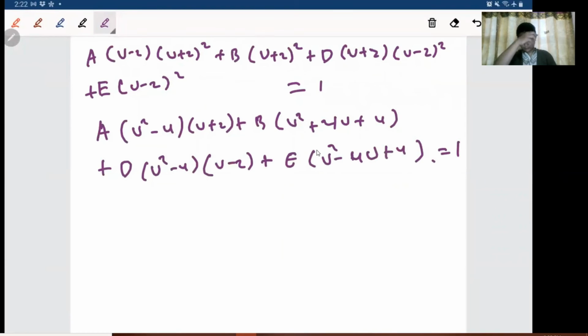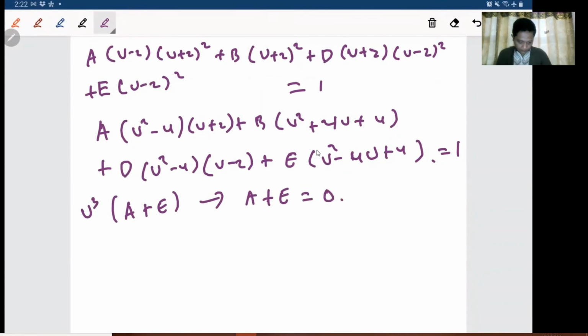So let's see. U cube: what I have in u cube is a and e. Okay, so I have a plus e is equal to 0.